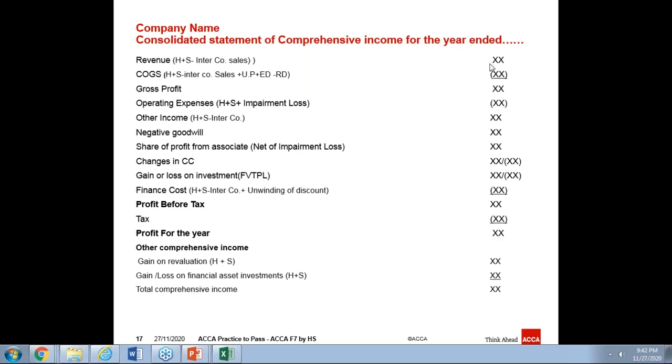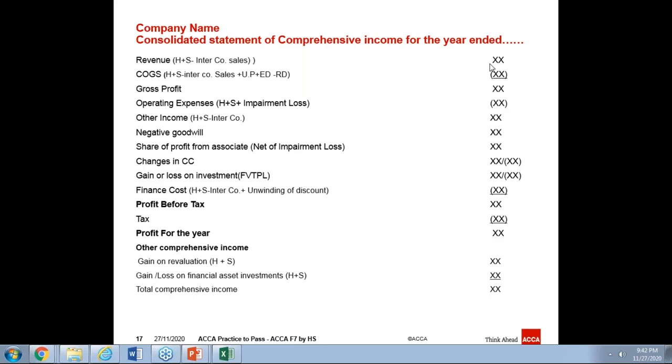So now please focus on the format of this income statement. The most important thing for the income statement is that whenever we are consolidating a subsidiary company, we have to take the controlling period. So we only have to take the result of the controlling period. If the controlling period is less than 12 months, then it should be proportionated.